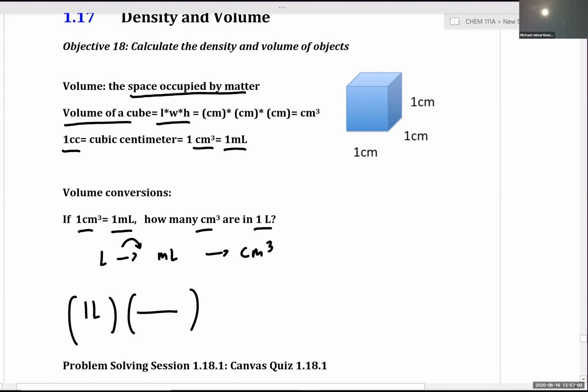So if we start with 1 liter and we're going from liter to milliliter, what do we need on top in our conversion factor? Milliliters, exactly right. So in 1 milliliter, we have 10 to the negative third liter. And if we're going from milliliter to centimeter cubed, what do we need on top?